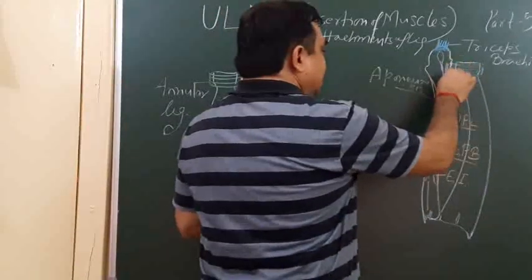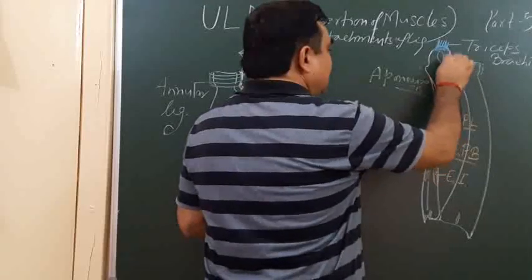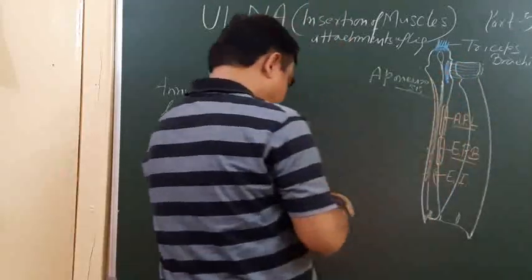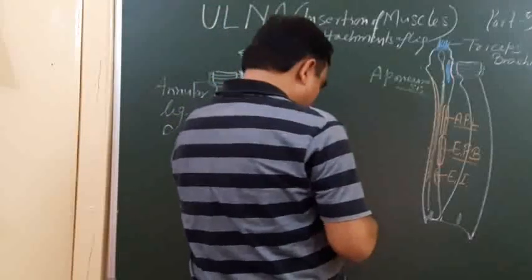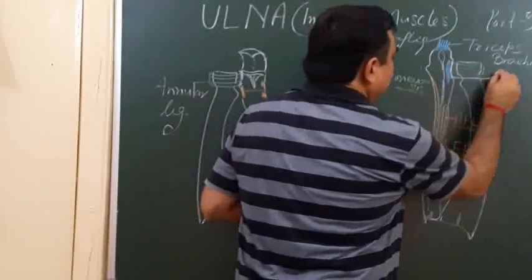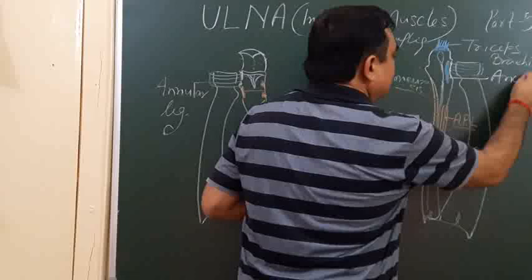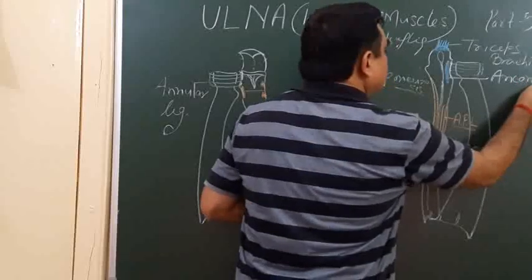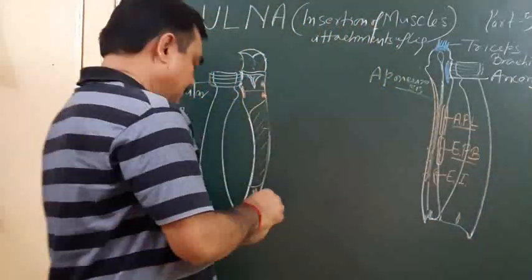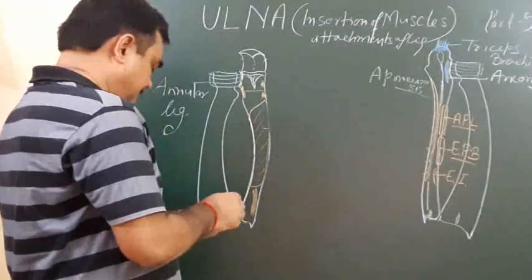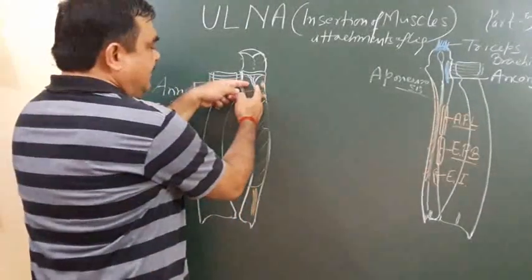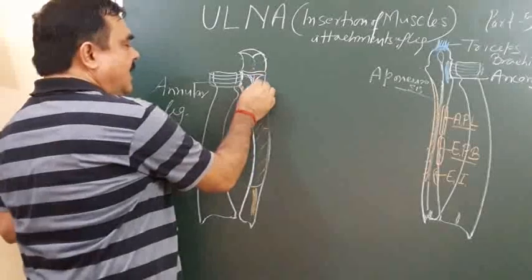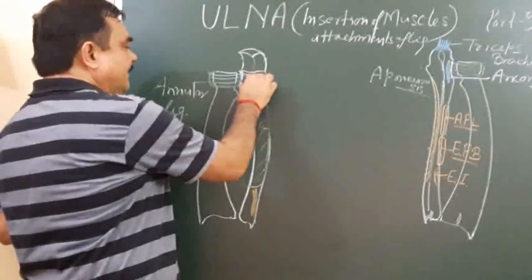Inserted here, this muscle is anconeus. Another muscle is attached on the styloid process and ulnar tuberosity here.